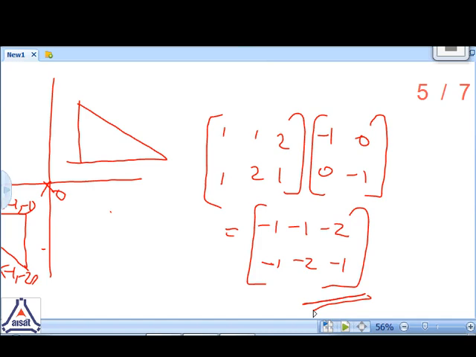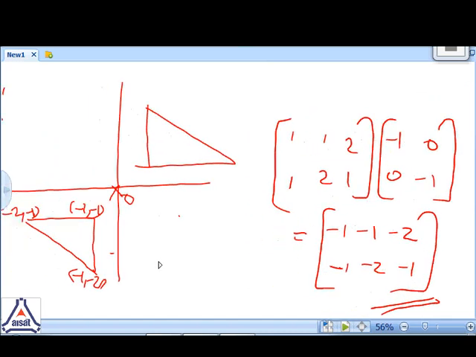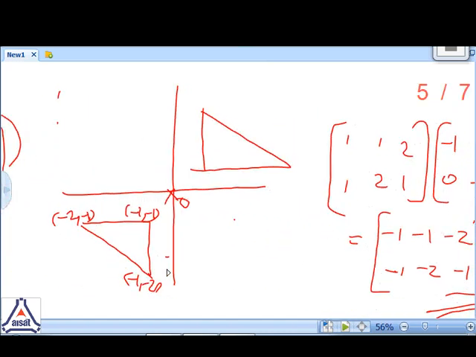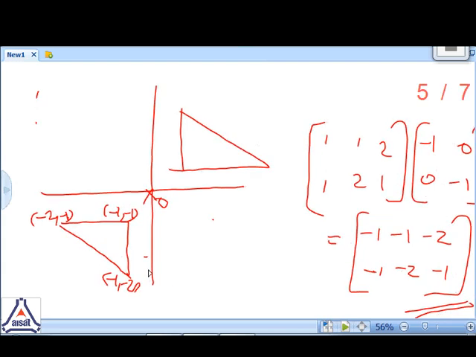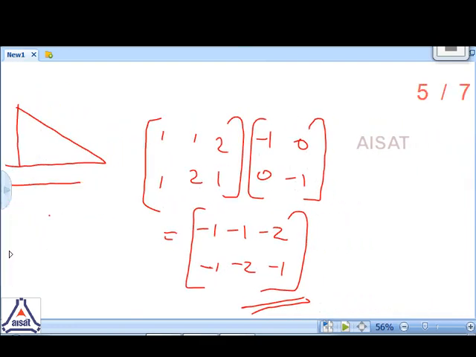So, these are the three different types of reflection. In the first, reflection about x axis, all the y coordinates will become negative. In the second case, reflection about y axis, all the x coordinates will become negative, and in reflection about origin, all the x and y coordinates will become negative.